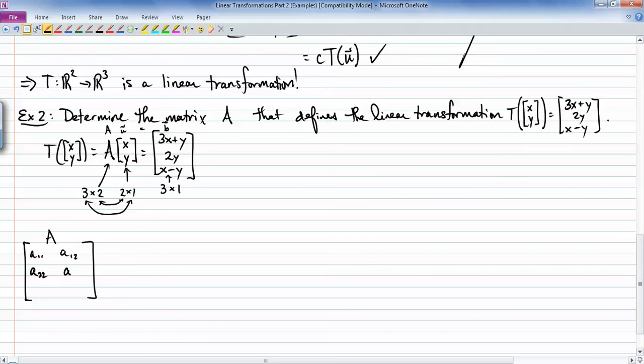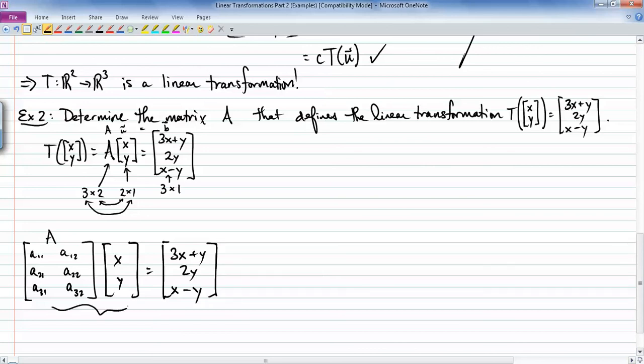You'll see pretty soon this is somewhat overkill here. And then right here I'm going to put (x, y). And I know that my result has to be 3x plus y, 2y, x minus y. You could multiply out this side and end up with a system of equations when you set them equal to the things in the b vector.